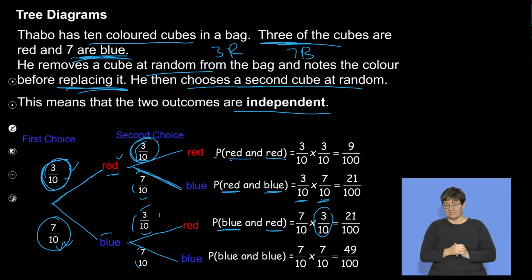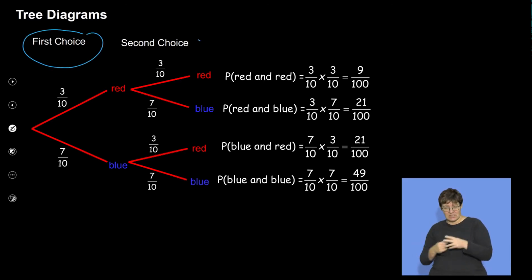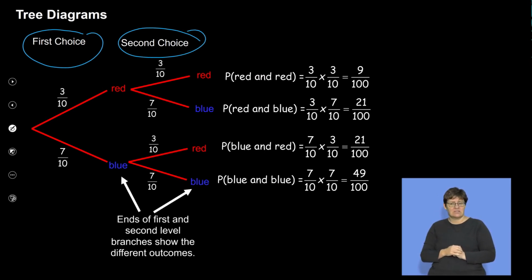Okay, fantastic. Now let's look at this. This is the tree diagram complete. We drew a tree diagram, which is our first choice there, second choice there. What does this represent? The end of the first level of the branches shows the different outcomes. Are we all together?